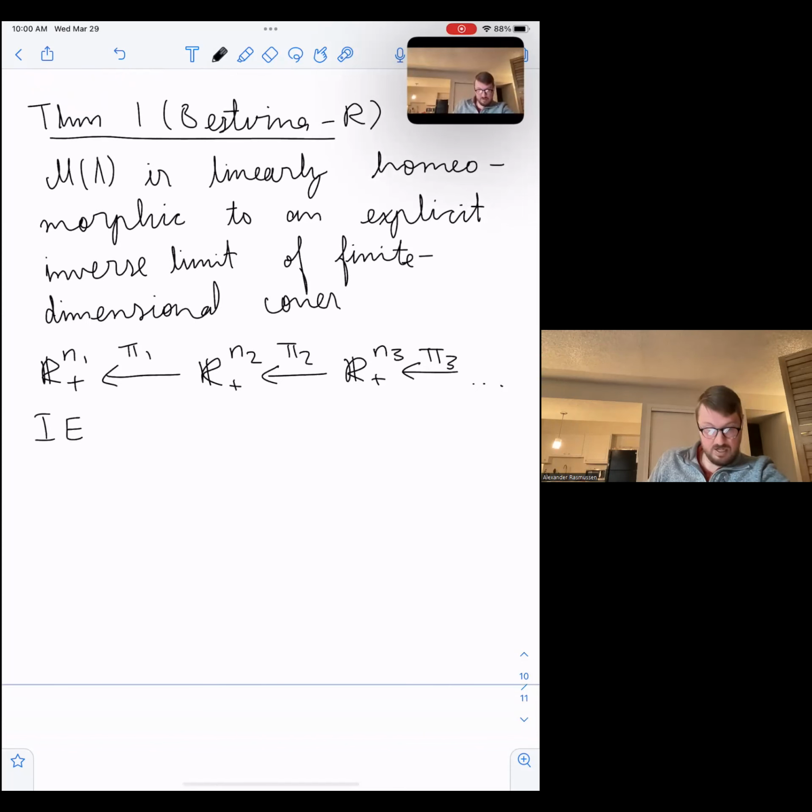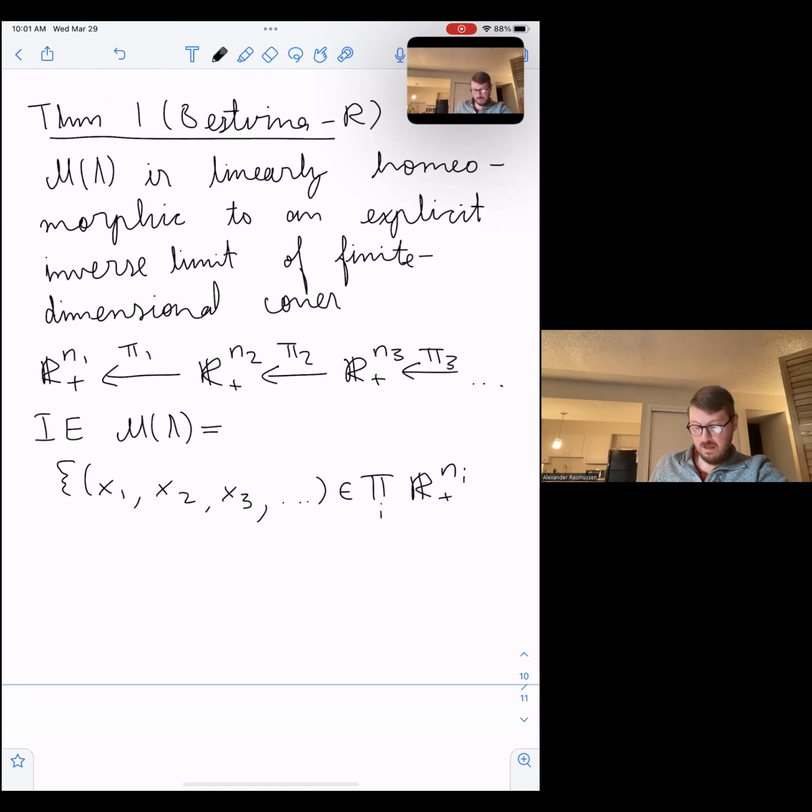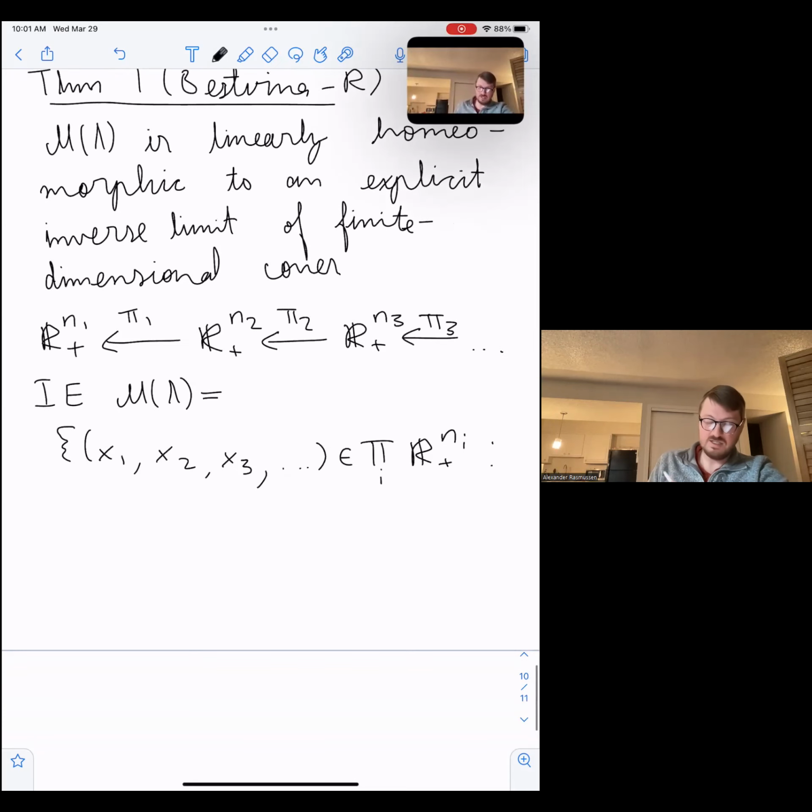If you're not extremely familiar with inverse limits, let me define it for you. So the inverse limit is the space of consistent sequences in the product of all these finite dimensional cones. So we take the product of these cones, and then we want to take sequences in the product in which one element gets mapped to the next one down under the map pi i.